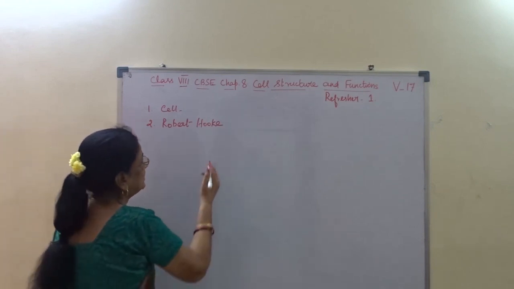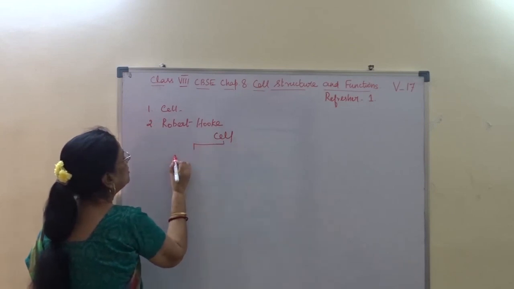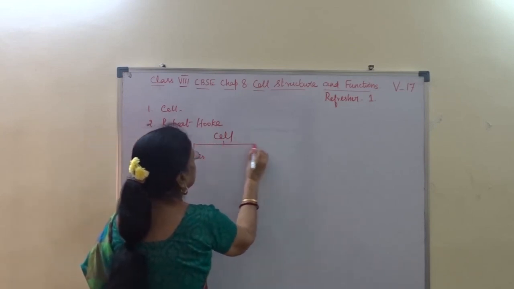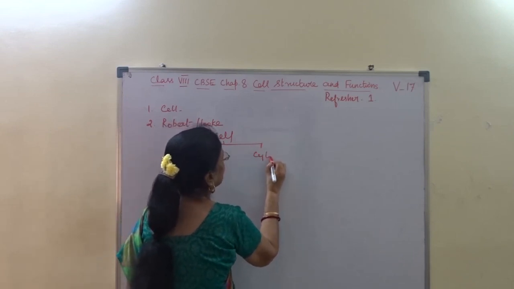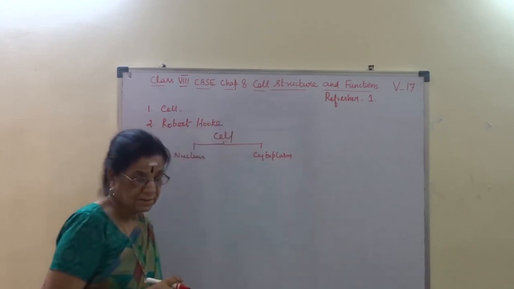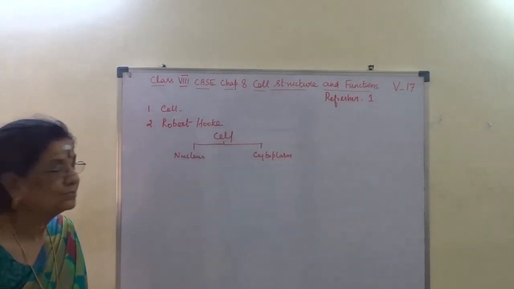So now we say cell. It is formed of nucleus and cytoplasm. Cell wall and it is formed of nucleus and cytoplasm.